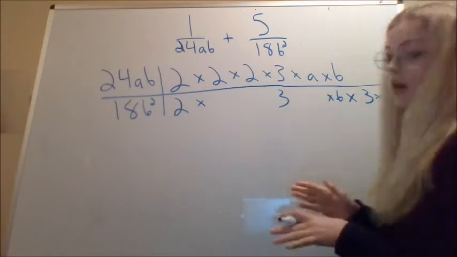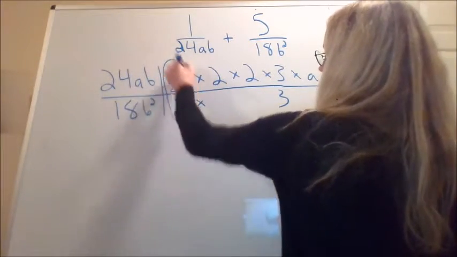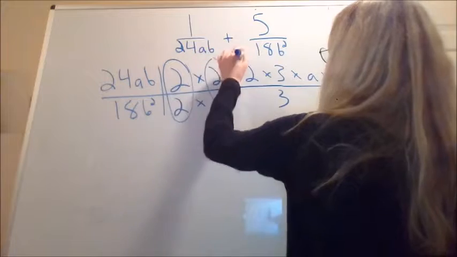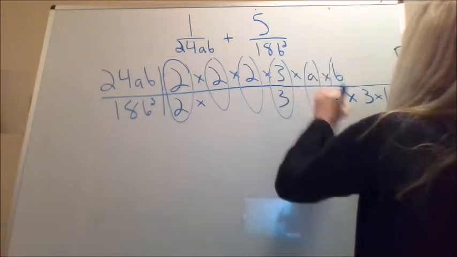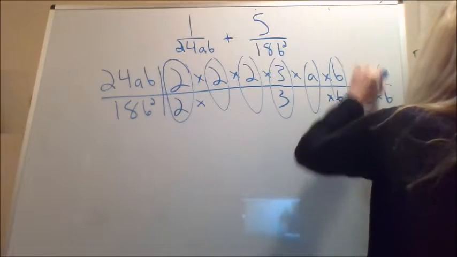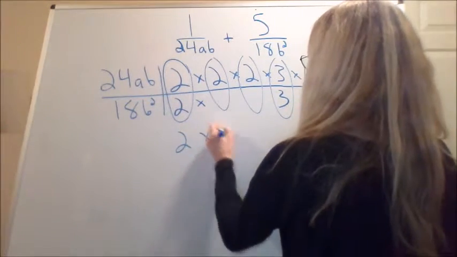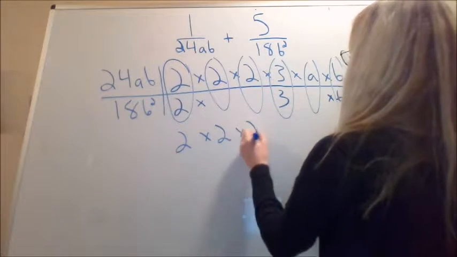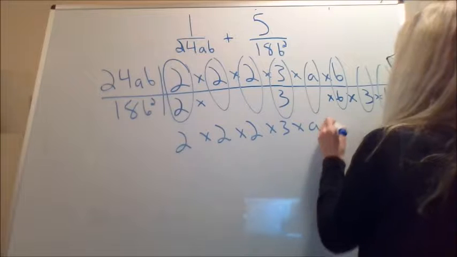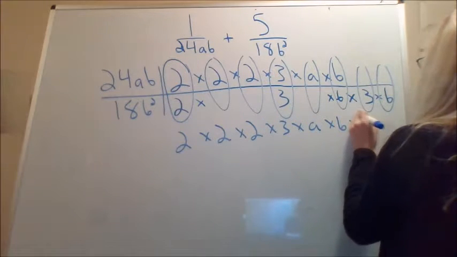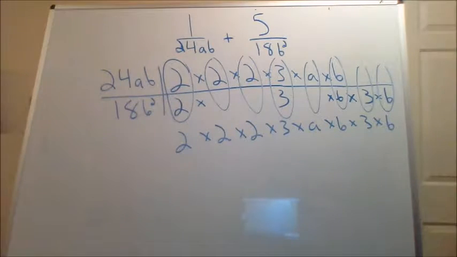And so now what we do is we look at each of these columns and we multiply them together. So in this case, we would have 2 times 2 times 2 times 3 times a times b times 3 times b.